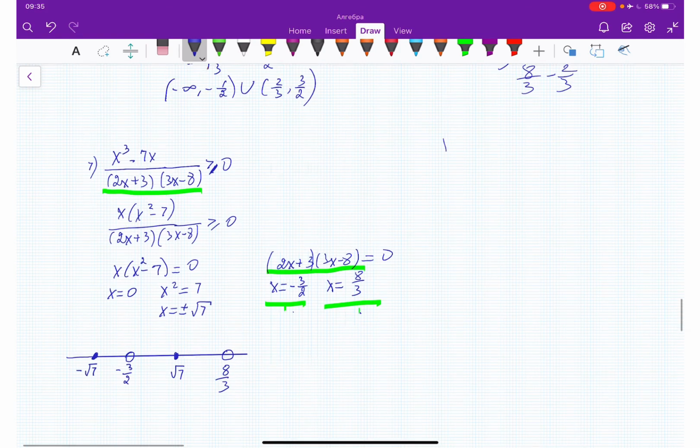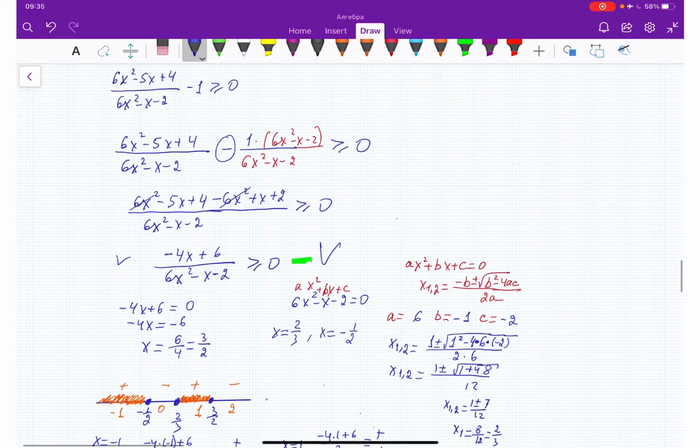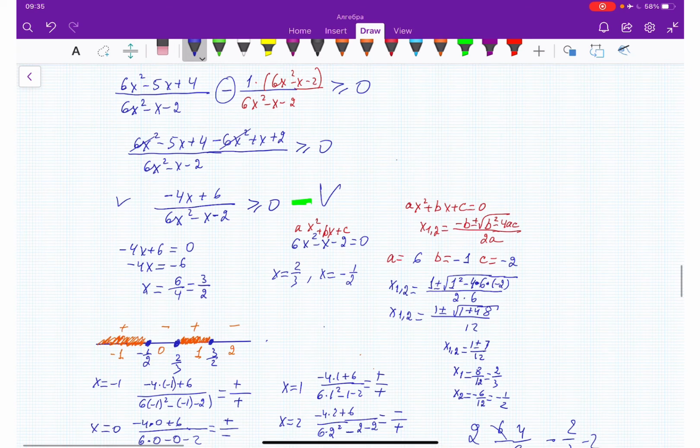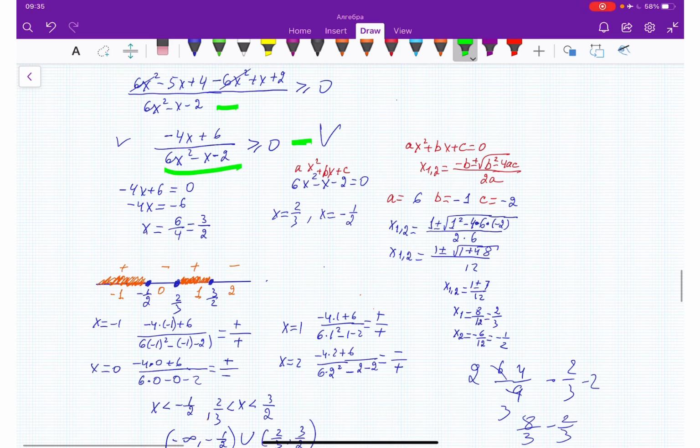And the same way I should do here also. See, 6x squared minus x minus 2 here. When I solved it, it's right here, I got 2 thirds and negative 1 over 2, right?